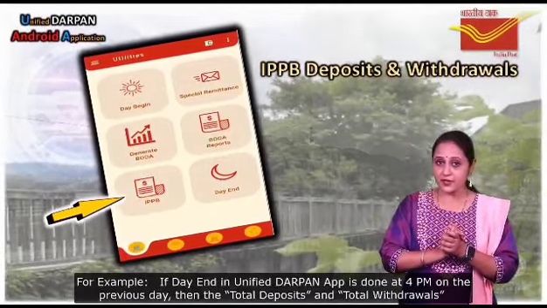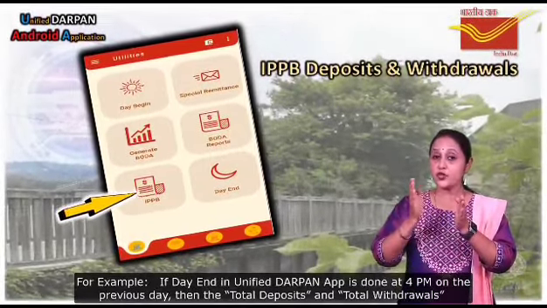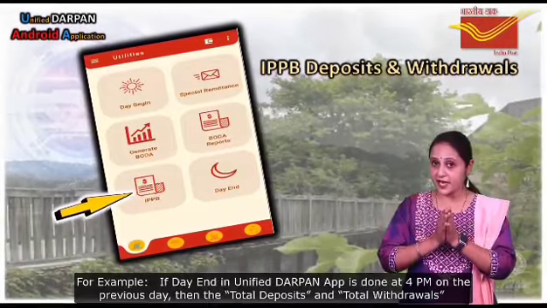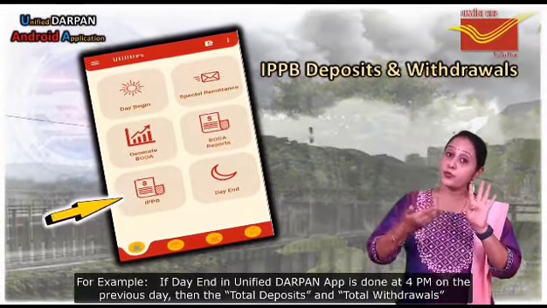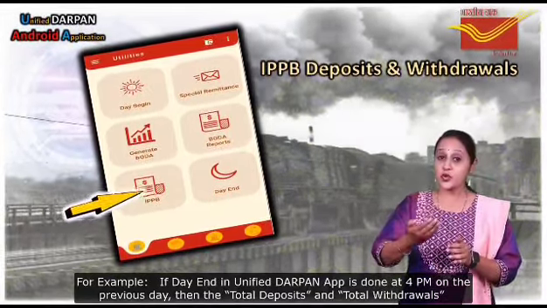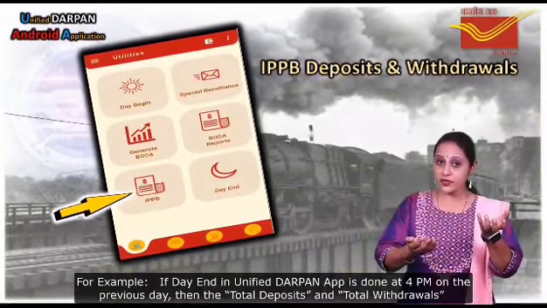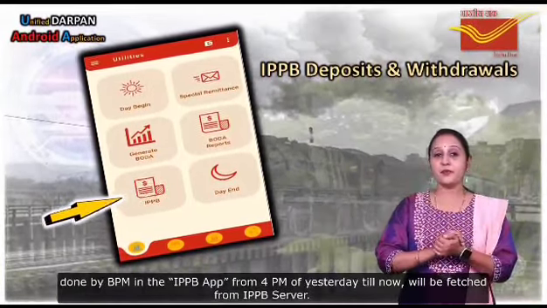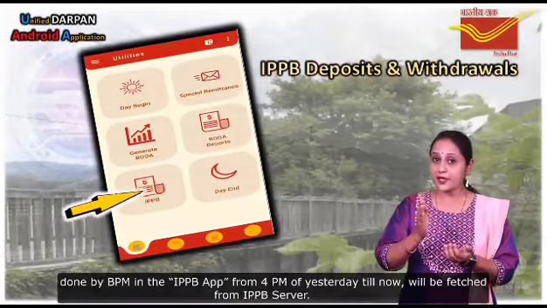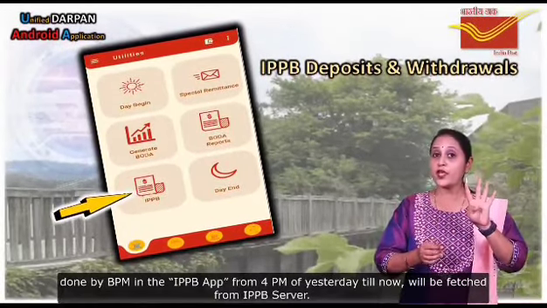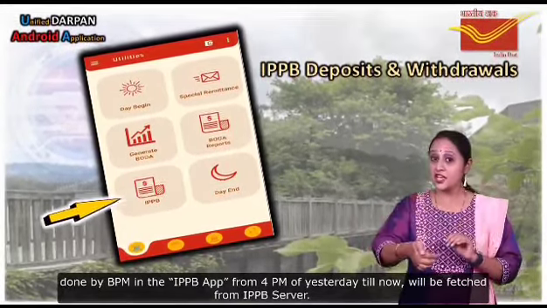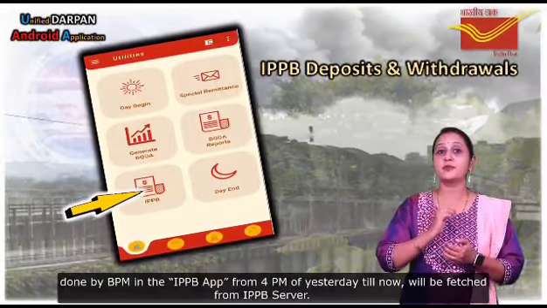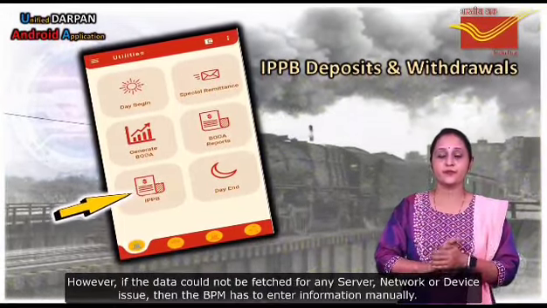For example, if day end in the Unified Darpan app is done at 4 p.m. on the previous day, then the total deposits and the total withdrawals done by the BPM in the IPPB application from 4 p.m. of yesterday till now will be fetched from the IPPB server.